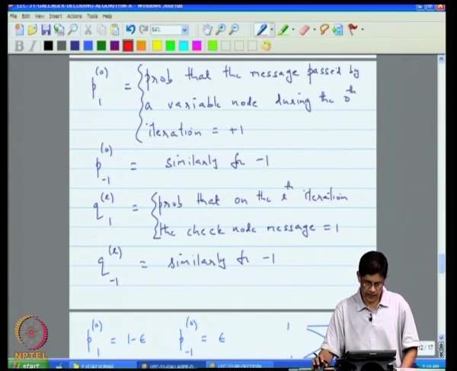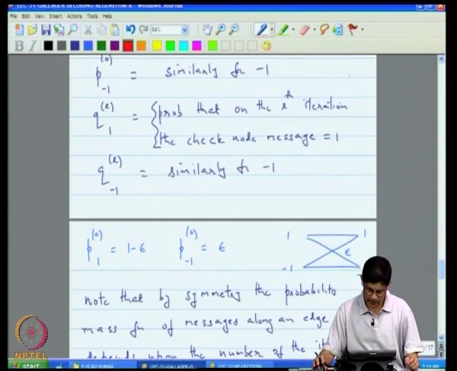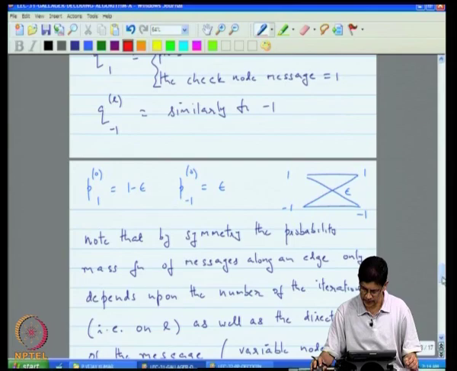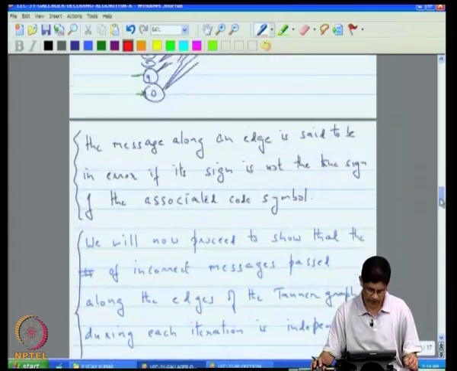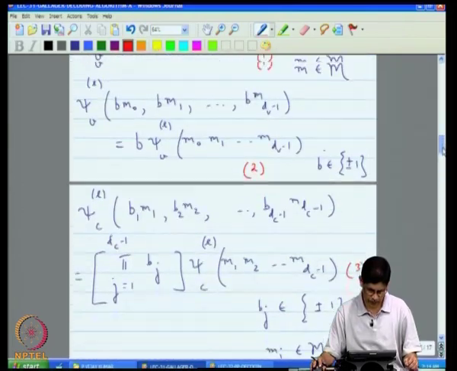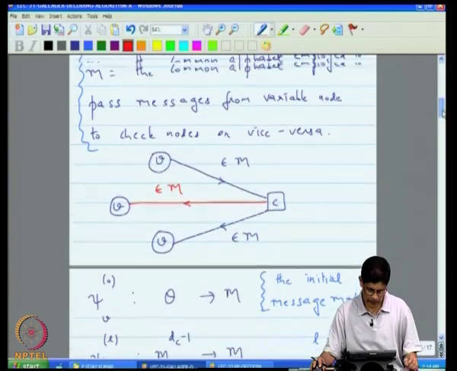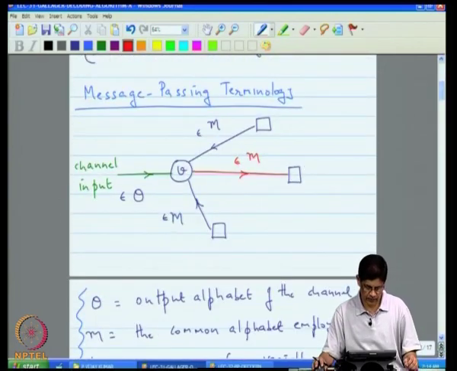Now, initially, in the initial iteration, a message goes out from the variable node, and all that the variable node does at this point is simply pass on whatever it receives from the channel.